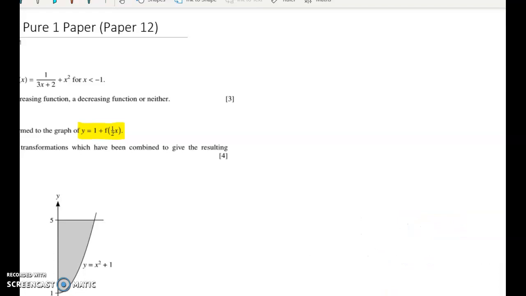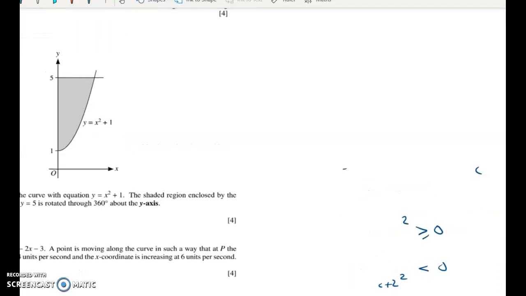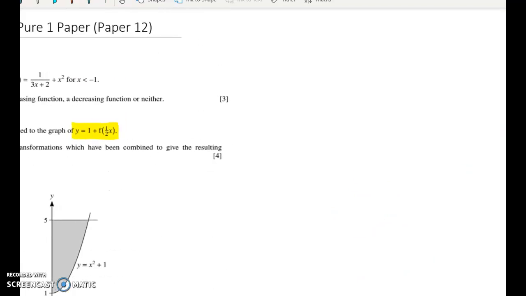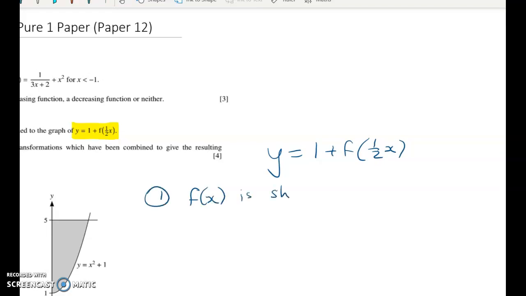Now the easy one in here is the +1. We know just intuitively that it's going to move the whole graph up by 1 unit. So how do we say that nicely? So y is equal to 1 plus f of a half x. So the first transformation is that the function is shifted or translated. Either of those words is fine.